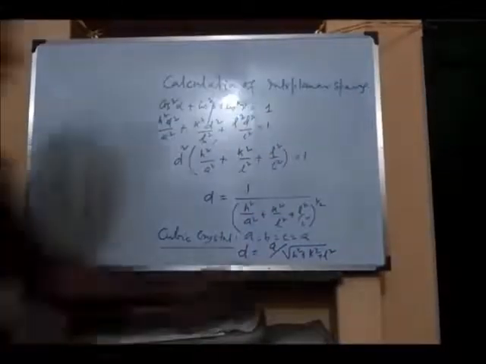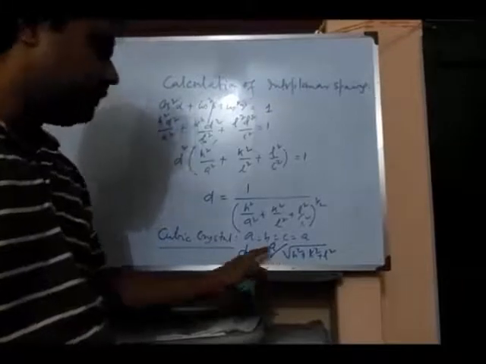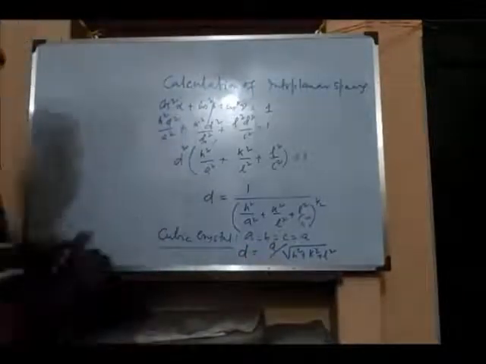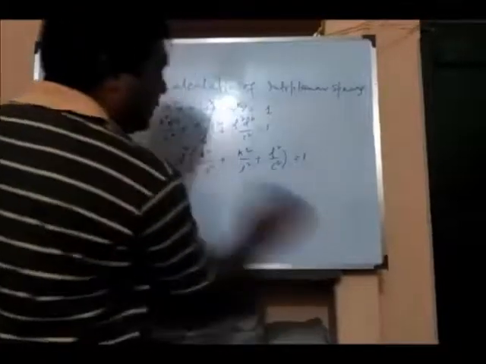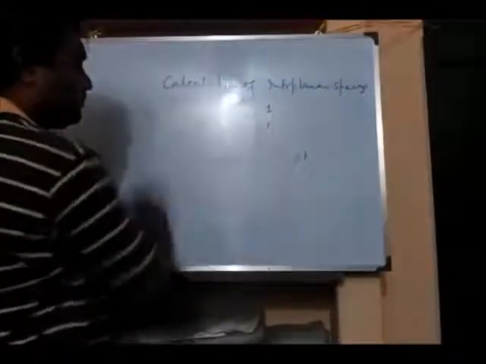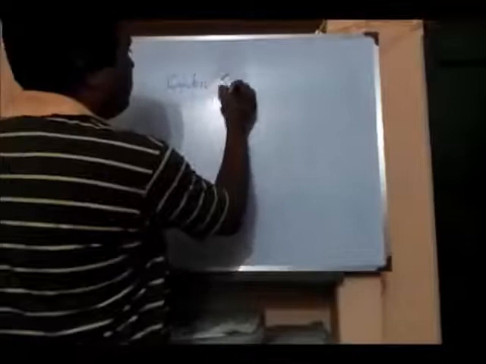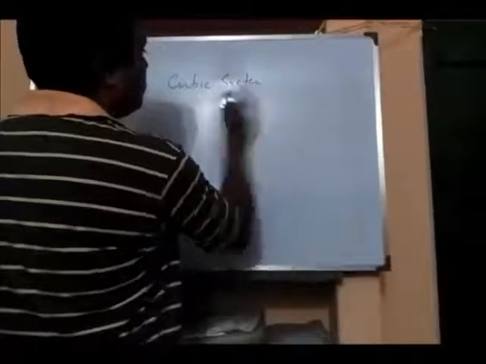So this is the interplanar spacing of a crystal. Now if you calculate this interplanar spacing, immediately you can calculate the interplanar spacing for a cubic system, or cubic crystal, I can write.